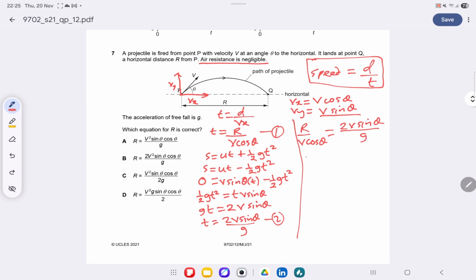If I make R the subject, there's a V here and a V here, so that will give me R equals 2V squared sine theta cos theta all over g. So if I compare, my answer is B. So the correct answer is B.